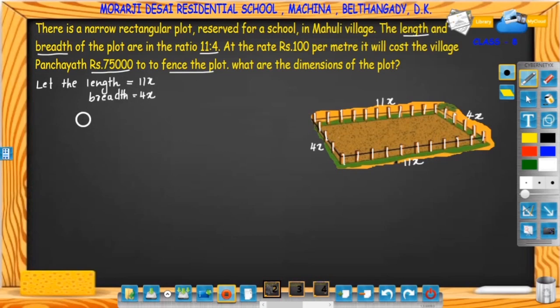Now the ratio of length and breadth is 11:4. Now to fence the plot we need the perimeter. Now let us find the perimeter. Do you remember the formula for the perimeter of a rectangle? We studied it in earlier classes. Perimeter of rectangle.